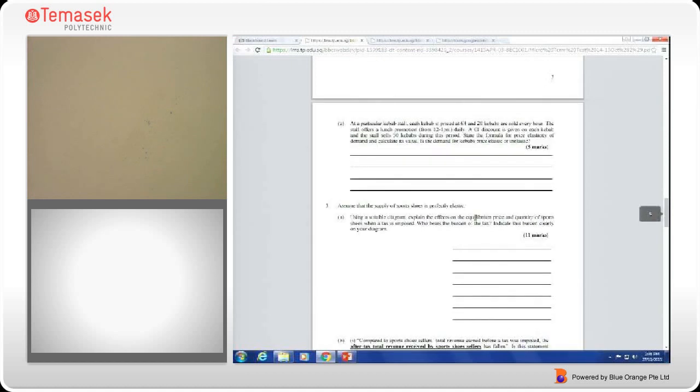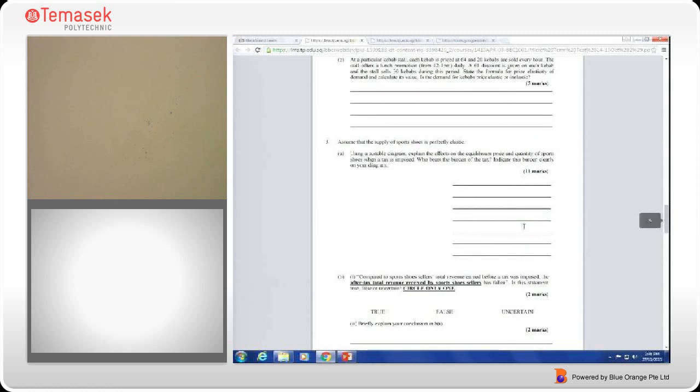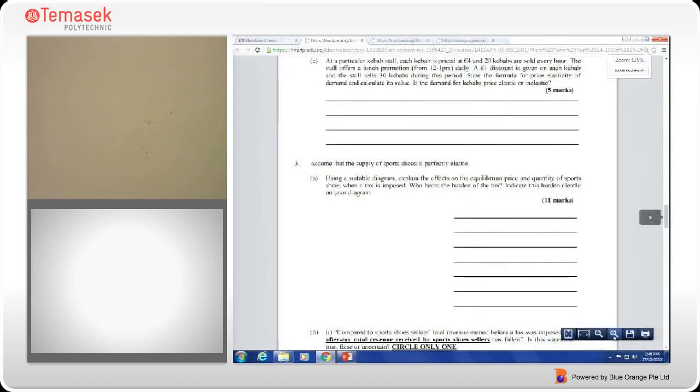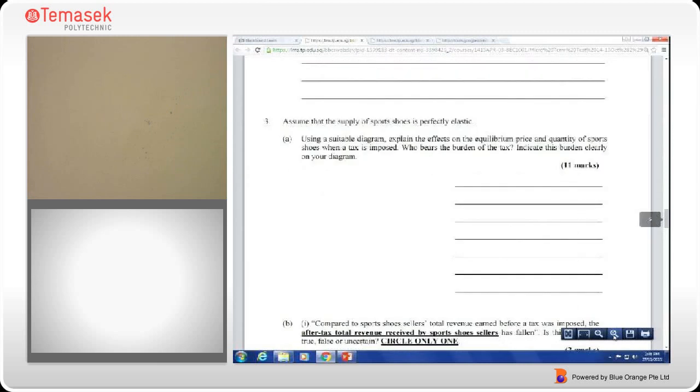To help us answer questions on tax burden, we take a look at question 3A.